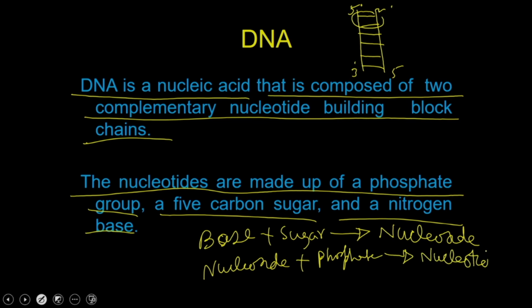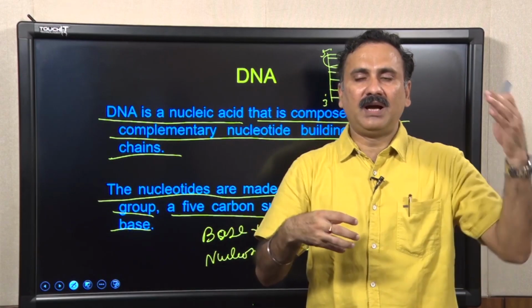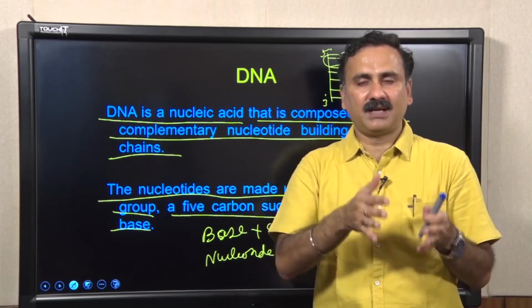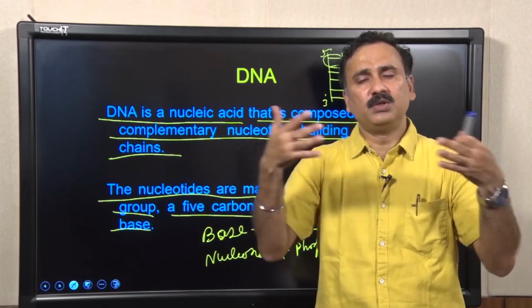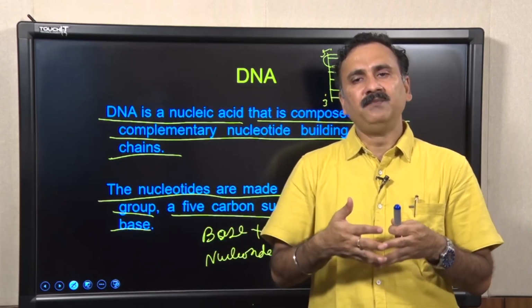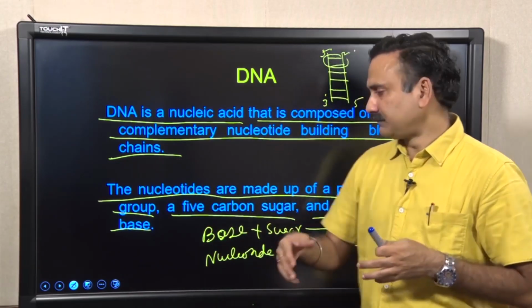So, the DNA is made up of nucleotides. It is a macromolecule where you have one chain of nucleotides connected to another chain of nucleotides, and these two chains of nucleotides are complementary to each other.